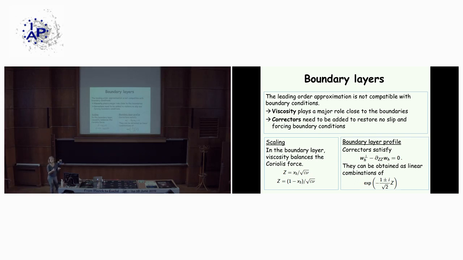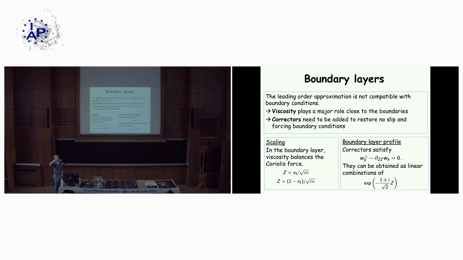So it is really important to understand that viscosity, even though it's very small, will play a very important role close to the boundary, close to the surface, because this is how you can transfer some energy from the atmosphere to the ocean. Also it's very localized. It's really important to understand the transfer of energy. What you expect is that in this small layer, the viscosity, which is like nu times a derivative of order 2, is of the same order as the Coriolis force, which is 1 over epsilon times u.